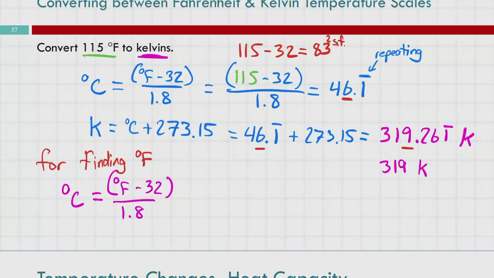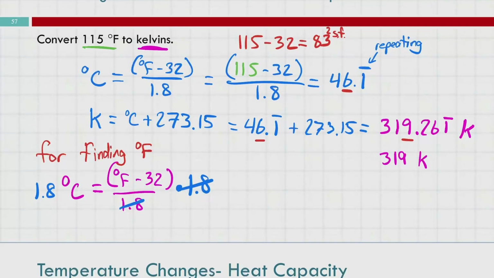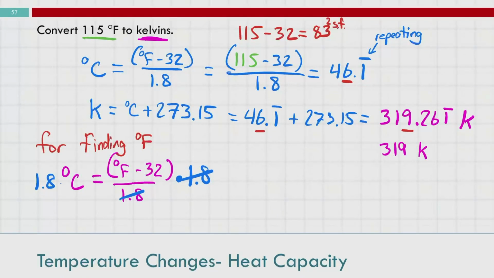We're moving the 1.8 first. So we have to times by 1.8 first. If you try to move the 32 first, it doesn't work, or it's unnecessarily complicated if you do. So we move the 1.8 first. We get 1.8 times degrees Celsius equals degrees Fahrenheit minus 32.